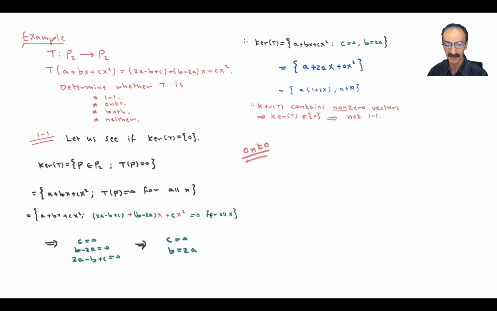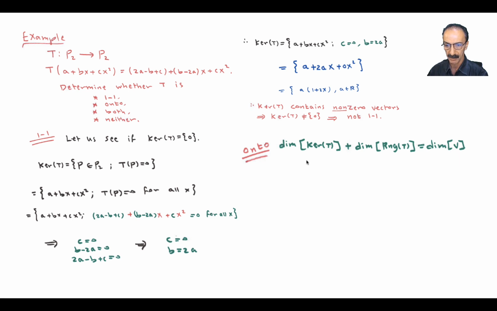If it has only the 0 vector, we would call it a size of 0. But it has a basis as 1 plus 2x. So instead of wasting your time, let's see the steps in writing. We have the dimension of the kernel of T plus the dimension of range of T equals the dimension of V. I keep repeating that and I keep using it.